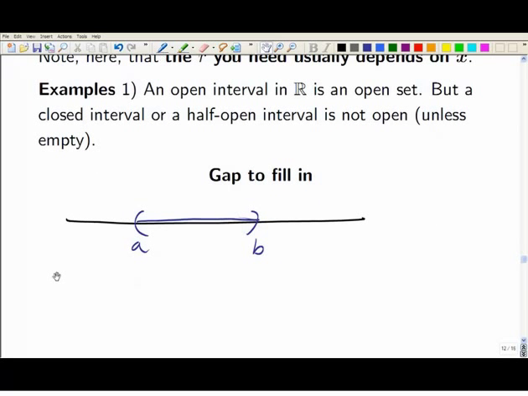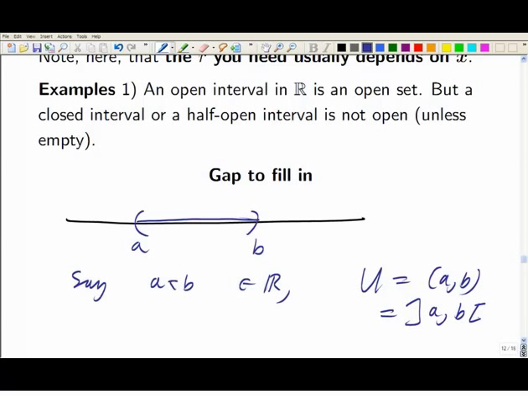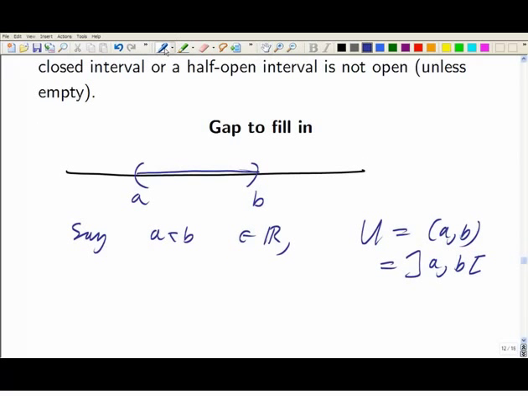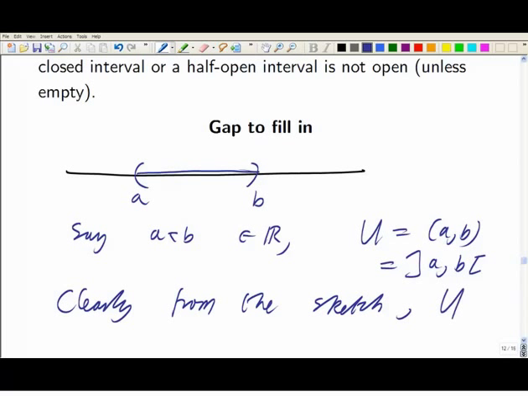So if you have U equals (A, B), where A is smaller than B in R, and U equals the open interval AB, or with the alternative notation, then clearly from the sketch, I'll accept that U has no non-interior points.